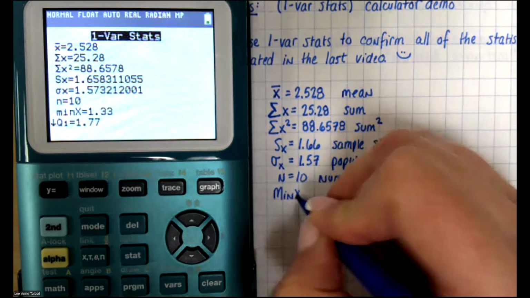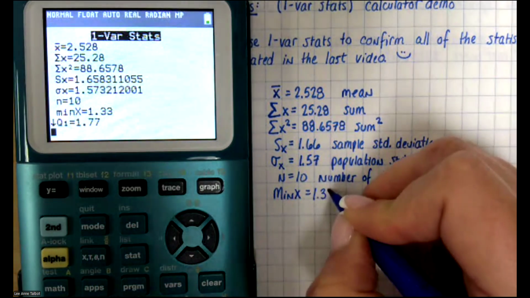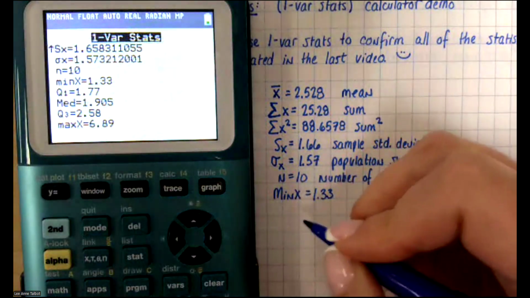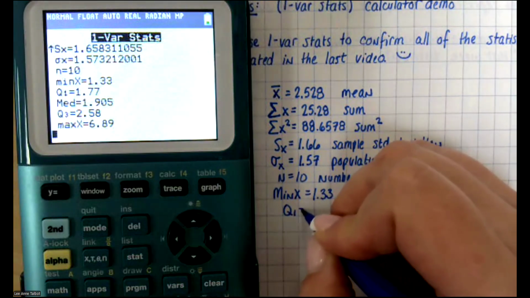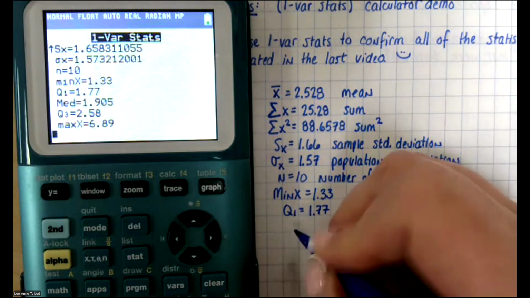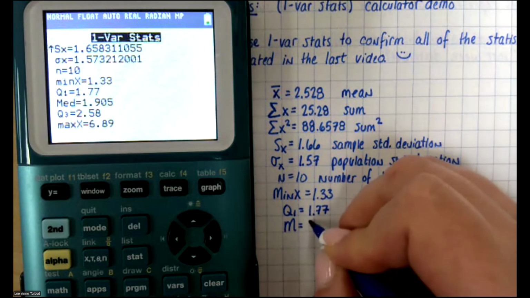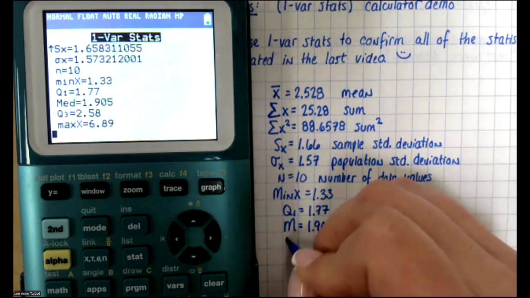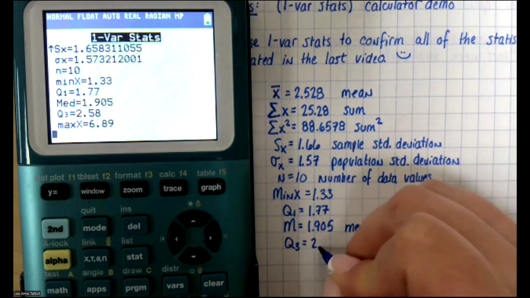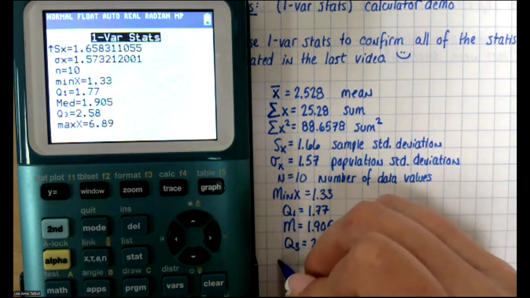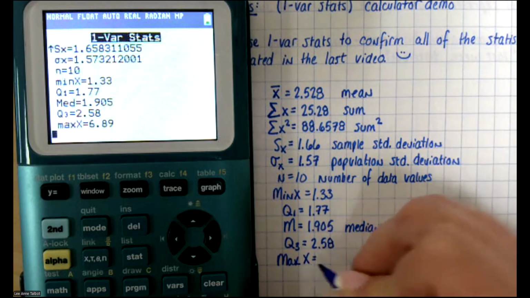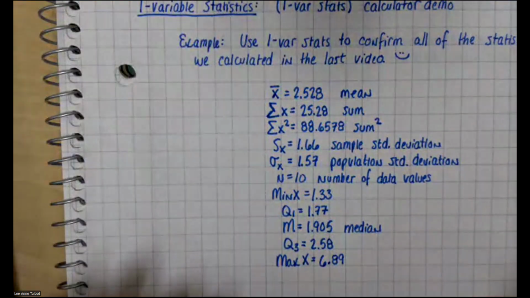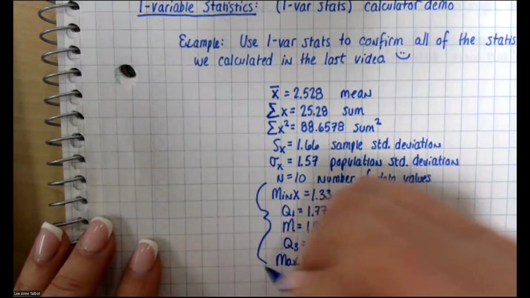The min, and then scroll down on your calculator and you'll get the quartiles and the median and the max. Okay, and these 5 at the bottom are very important.